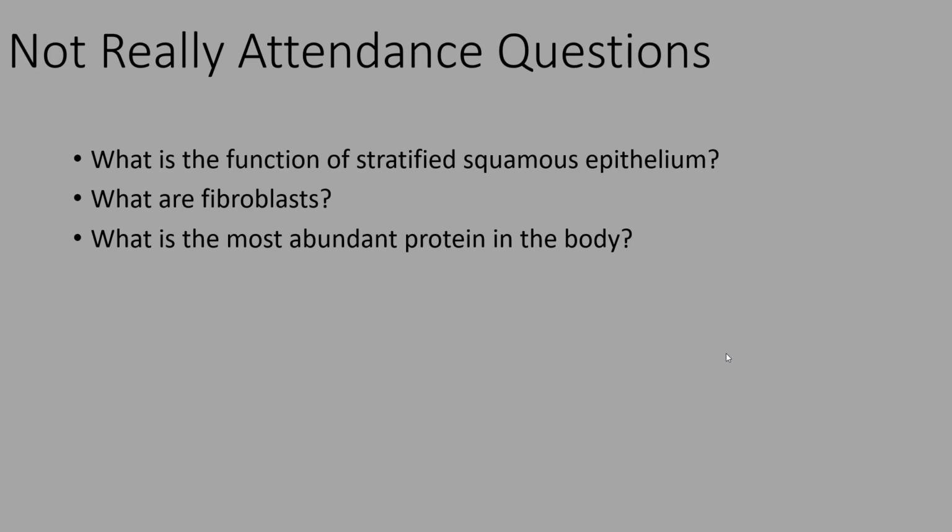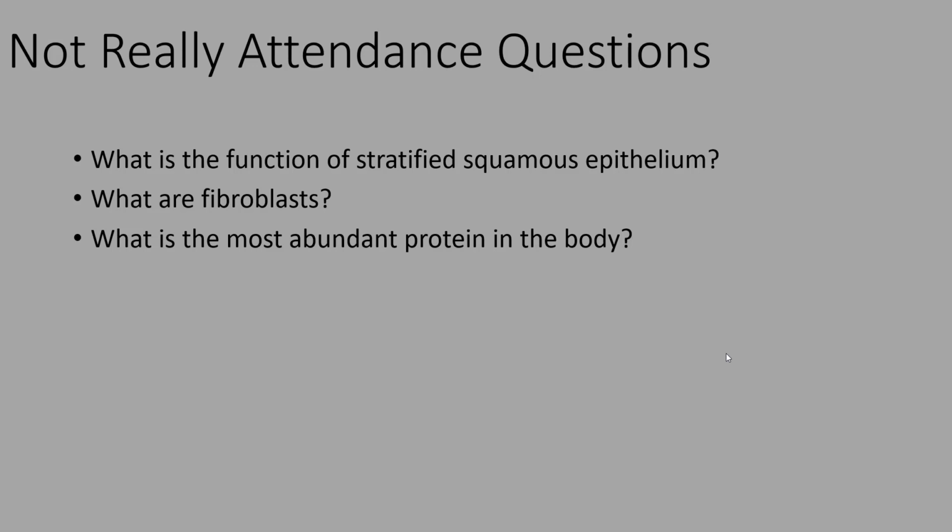What are fibroblasts? Remember when we see BLAST at the end of a word, it means to build or to make. And usually it's building or making whatever's at the start of the word, fibers. So fibroblasts are cells that make fibers.